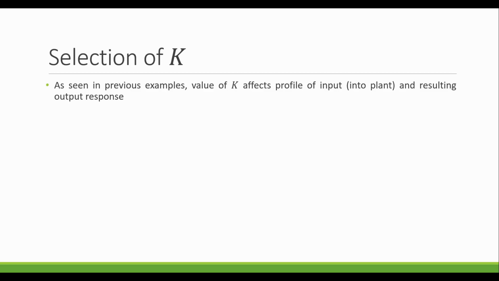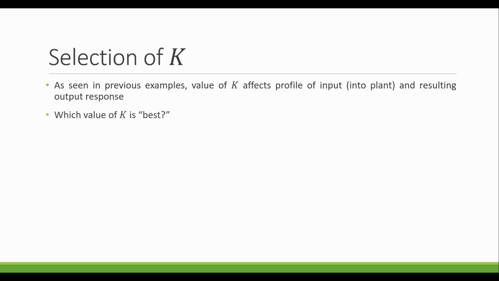One thing we were interested in was the peak value of the input, because if it's too high, we might not be able to supply that much voltage if it's an electrical system, or force if it's a mechanical system, and we might want to limit that. So the gain was influencing the input and the output of our system.